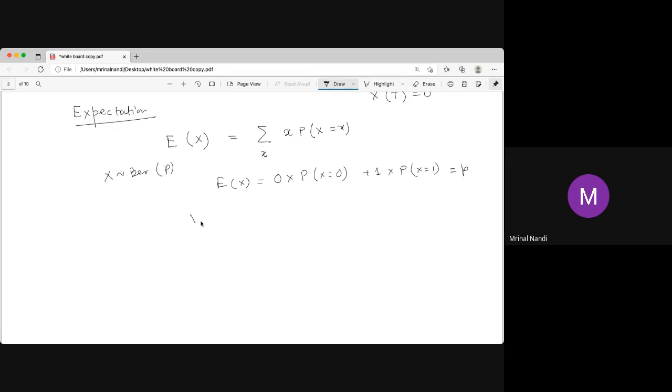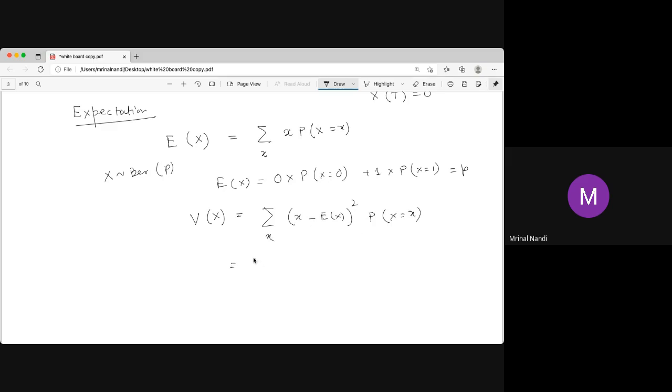Now there is one more thing. It's called variance. What is the definition of variance? There are three equivalent formulas for variance. The definition is just this: the sum over all x of (x minus expectation of X) squared into the probability of X equal to x. This is one formula.